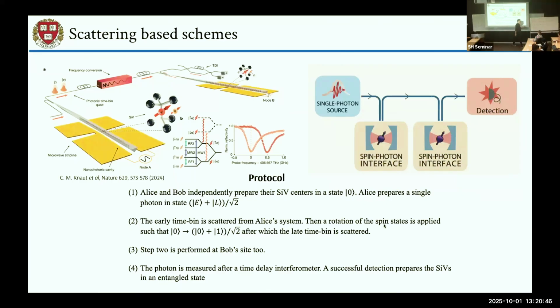And I can now send the photon to Bob and do the same thing. I would get that, and then I can measure again my time bin photon in the spaces with my time interferometer, and I'm done.